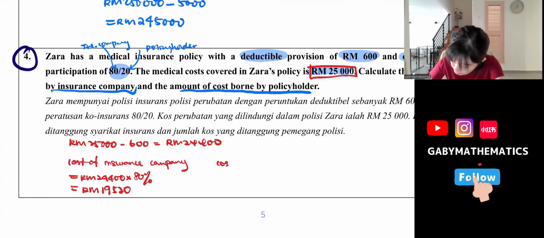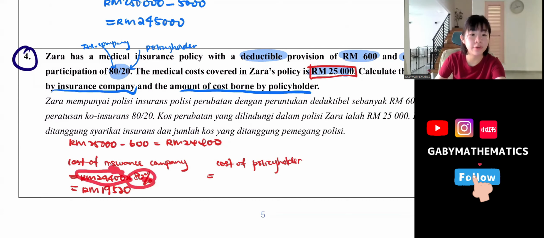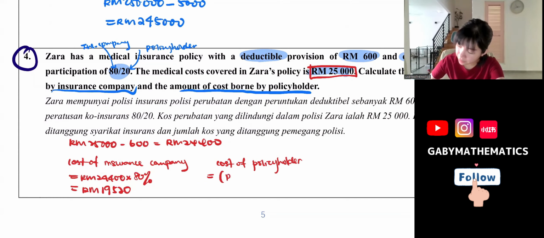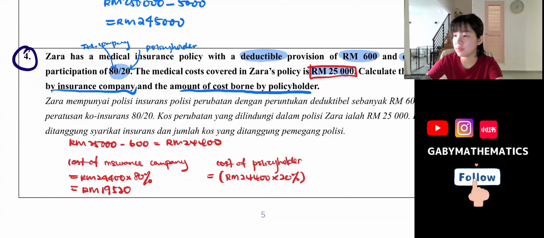Okay, so for the cost of the policyholder, because the insurance company only covers 80% of the 24,400, the policyholder has to cover the remaining 24,400 times 20%. And what else? Anybody tell me, what is the cost of the policyholder other than this?